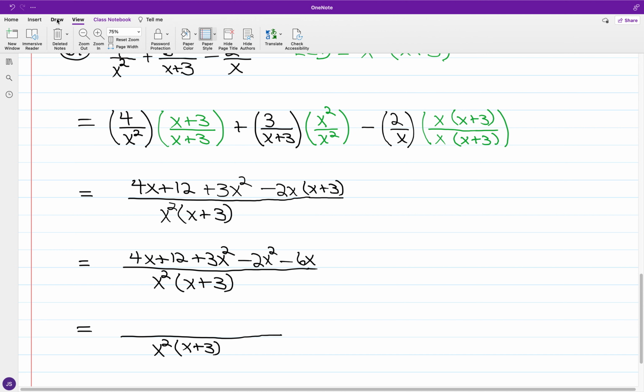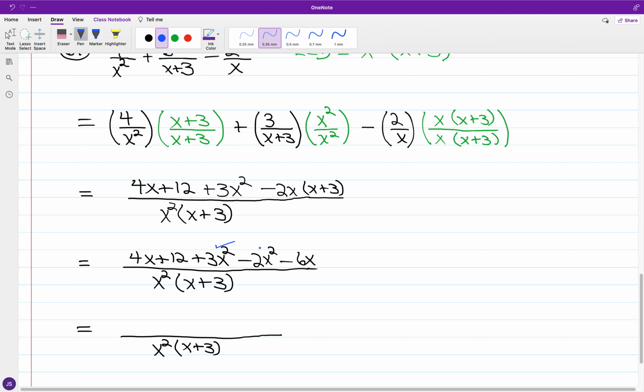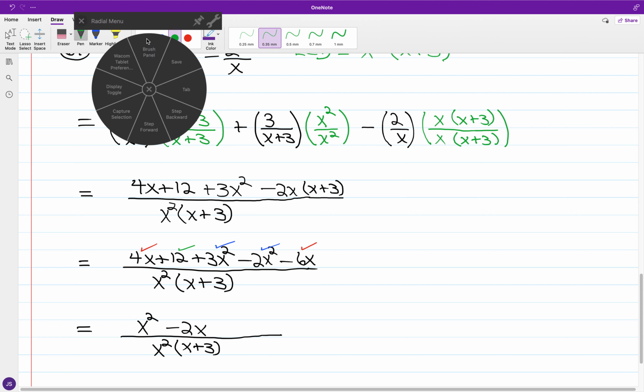First of all, the highest order terms: you have 3x squared and negative 2x squared. 3x squared minus 2x squared becomes x squared. And for the first order terms in x, we have 4x and minus 6x. 4x minus 6x would become negative 2x. And at the end, we have plus 12.